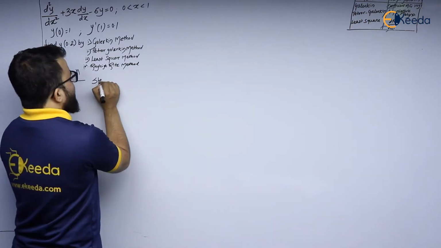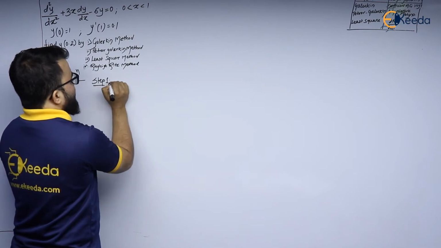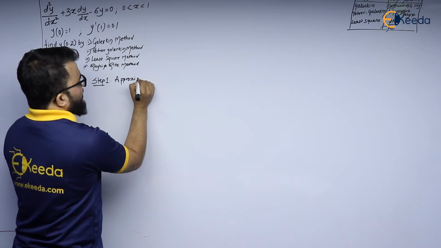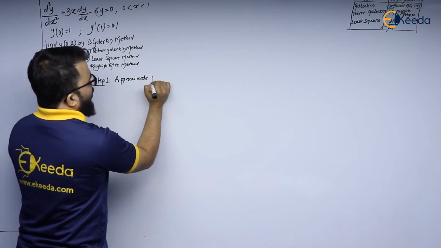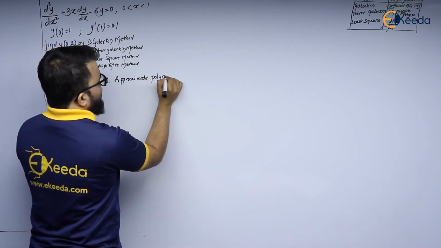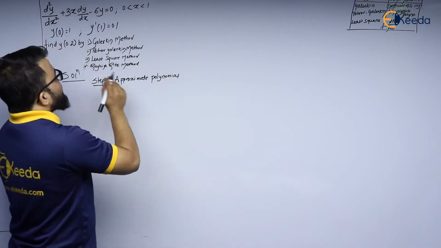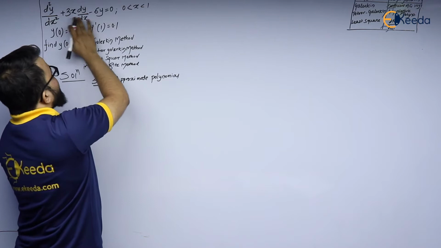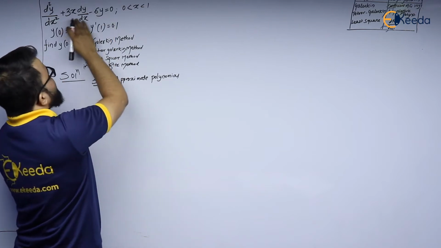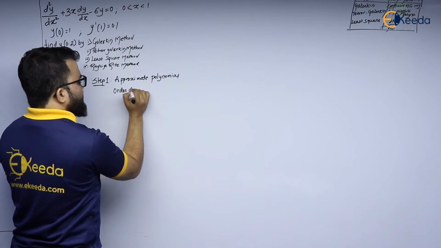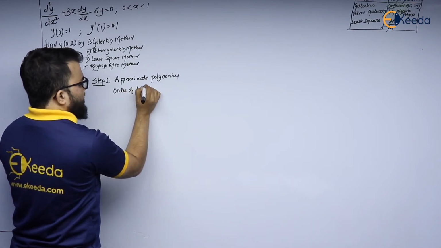Step number 1 is the approximate polynomial. So we will first see what is the order of the given differential equation. The order of the differential equation is 2.